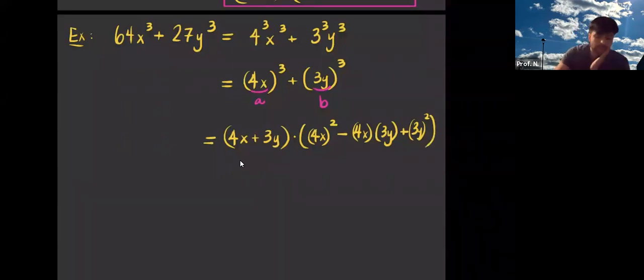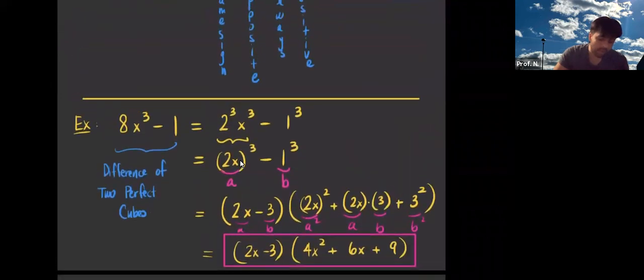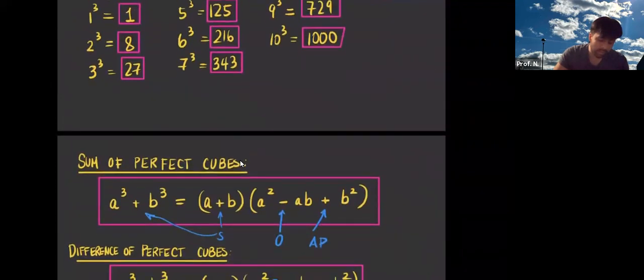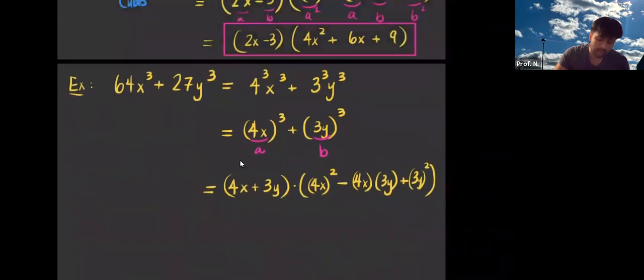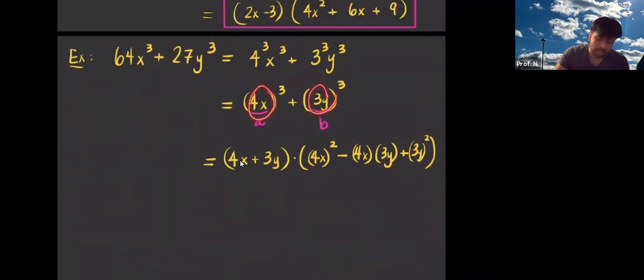Again, what am I using? I'm just using the formula for the sum of two perfect cubes: A plus B times A squared minus AB plus B squared. That's exactly what I recognize. This is A, this is B.